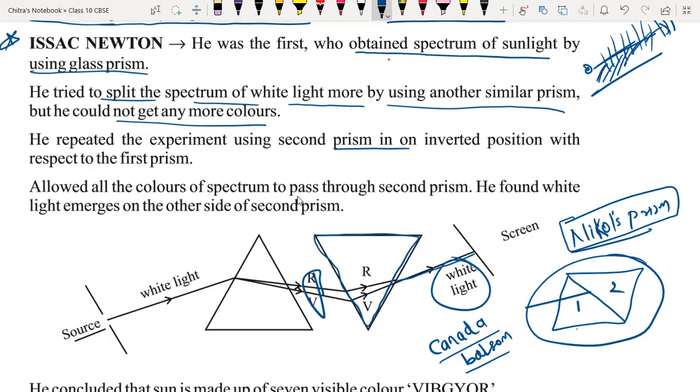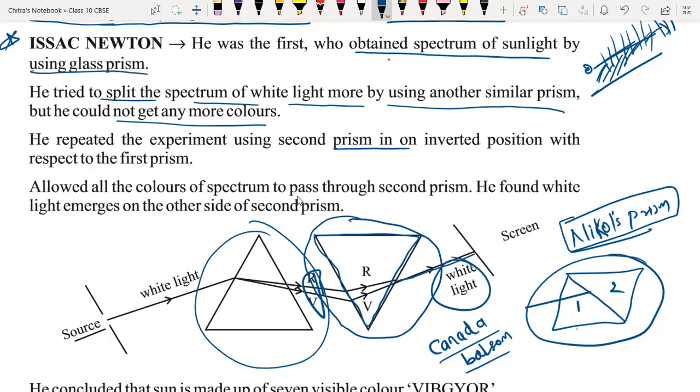So he performed the dispersion of light over here, and again put another inverted prism right in front of the spectrum, meaning he was performing anti-dispersion, against the dispersion. He repeated the experiment using the second prism in an inverted position with respect to the first prism, and found white light.